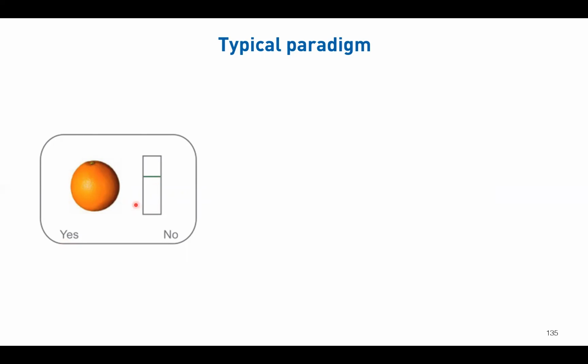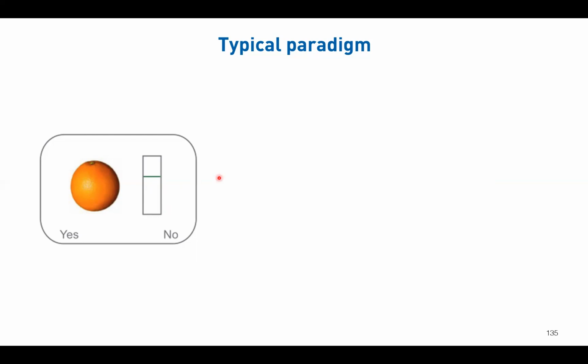You have to squeeze it so that your force increases and reaches a certain threshold. Only when your effort reaches the threshold and stays there for maybe 2 seconds can you get the orange. If not, you cannot get the orange.